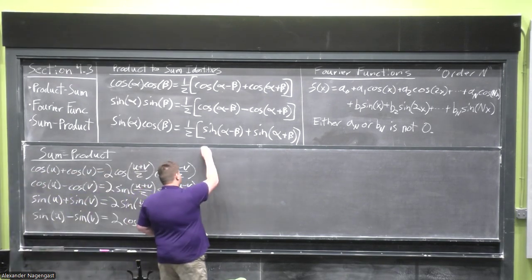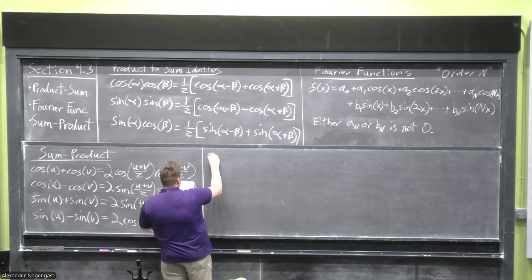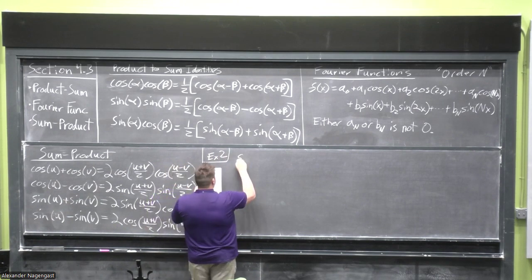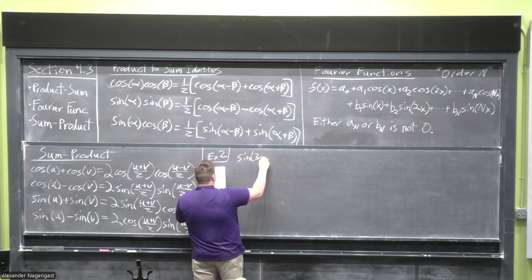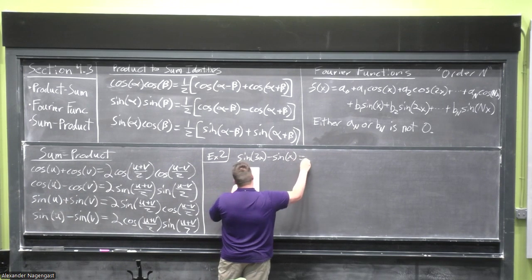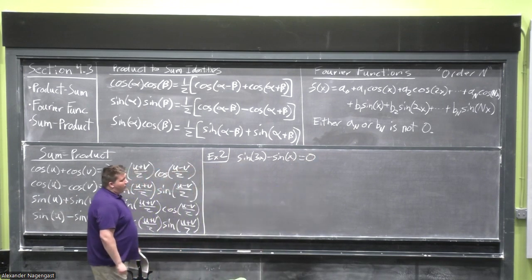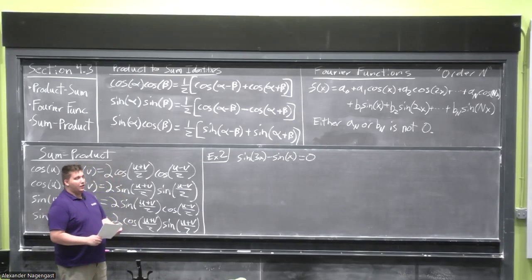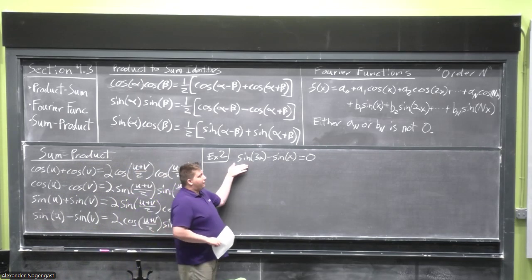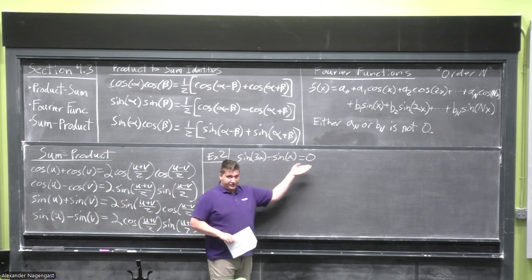So an example of this would be if I want to find all solutions to this following equation. Sine of 3x minus sine x equals 0. Now, we could also describe this question as I have a Fourier function and I want to find out when this Fourier function is equal to 0.